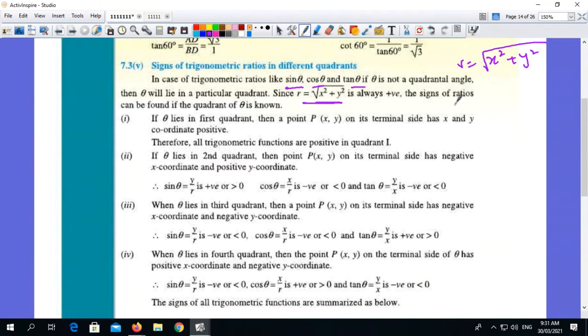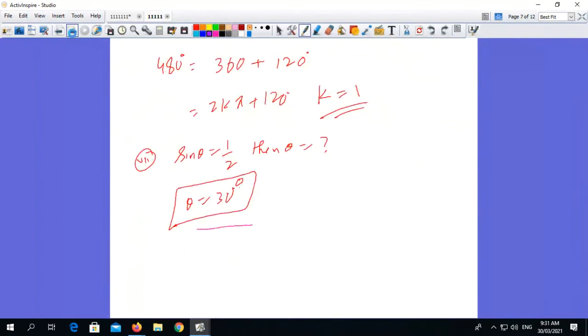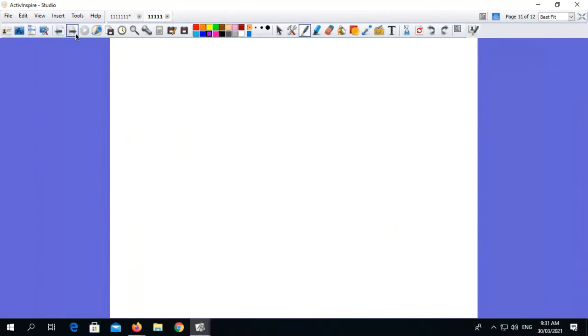The sign of the ratios can be found if the quadrant of theta is known. If theta lies in the first quadrant, then a point xy on its terminal side has positive x and y coordinates. I already explained this in class, so I repeat it again.